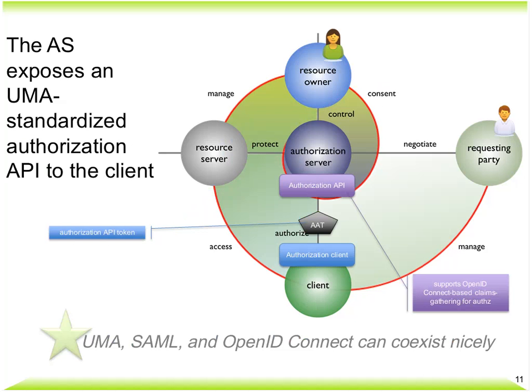The one takeaway that I will give you here is that if the client is in possession of, let's say, a SAML token or OpenID Connect claims or an ID token, those are things that the AS can actually consume from the client in order to avoid having to redirect poor Bob over to now do something at the AS to provide claims. So these are ways in which UMA is trying to be a full partner in the ecosystem of identity and access standards that we have here.